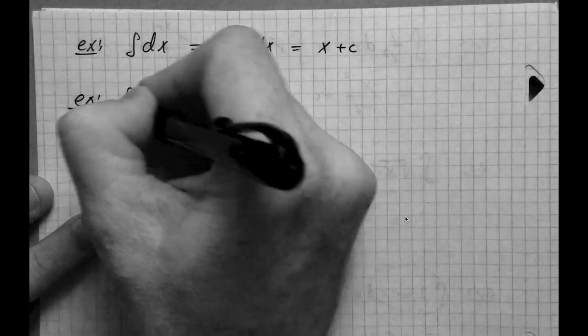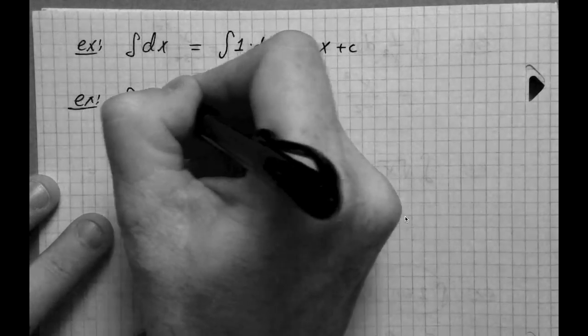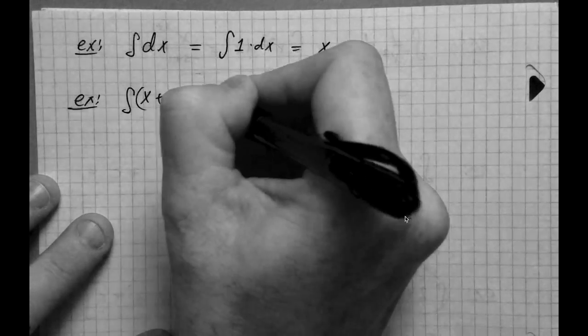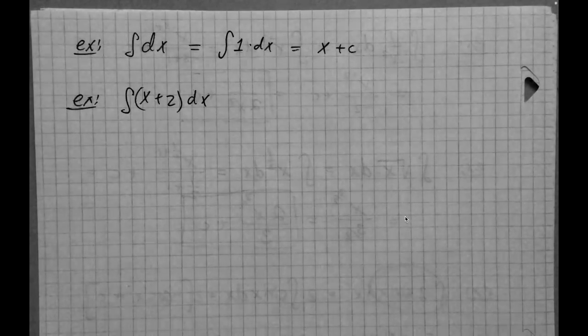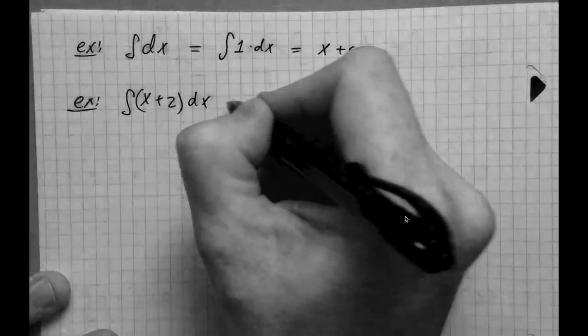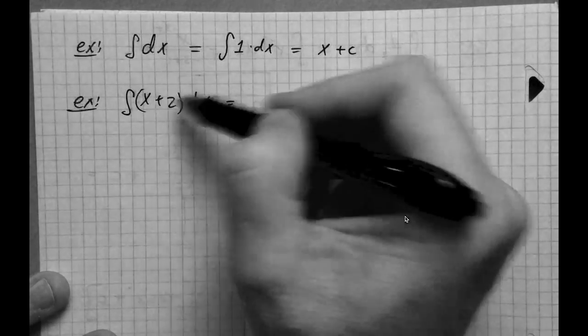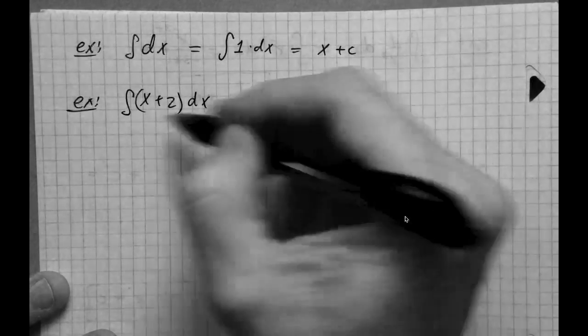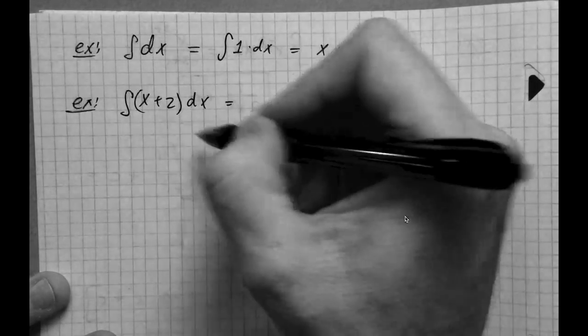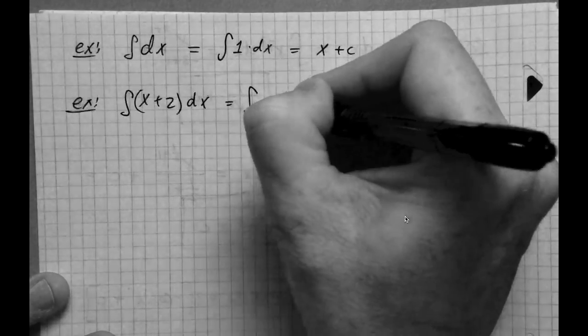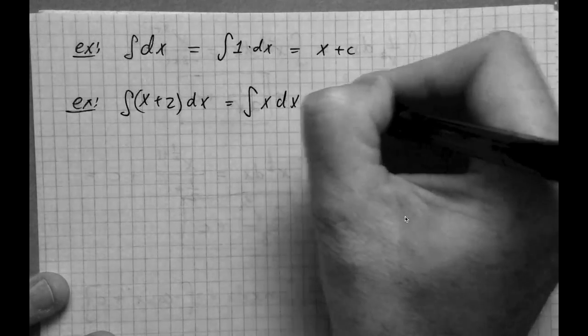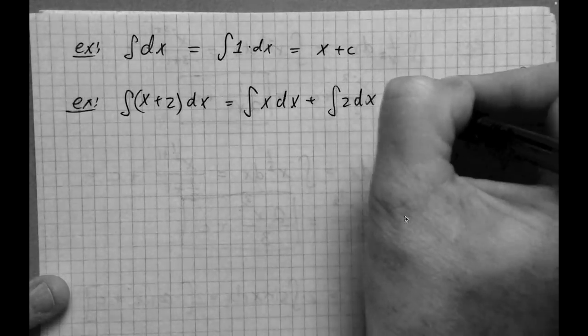Okay. What about the integral of x plus 2 dx? This one is going to use the fact that you can break these things up, the sum of two functions, x and 2. So this is the same as the integral of x dx plus the integral of 2 dx.